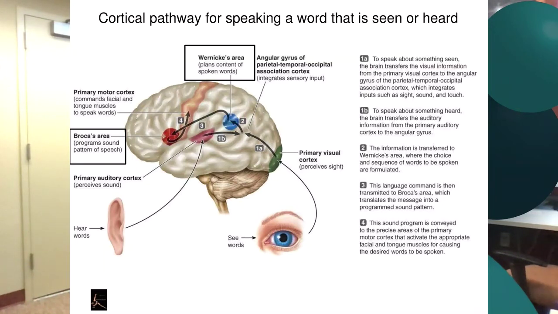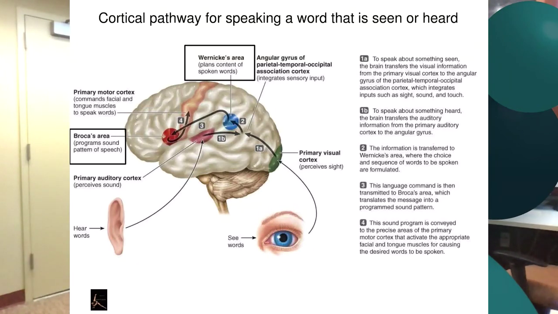It determines what specific motor neurons need to fire in order to formulate that speech pattern, to put those words together. Then that gets sent toward the primary motor cortex to activate the appropriate neurons that activate the facial muscles, the tongue, the lips, so that the desired word will be spoken and you will actually make that sound.